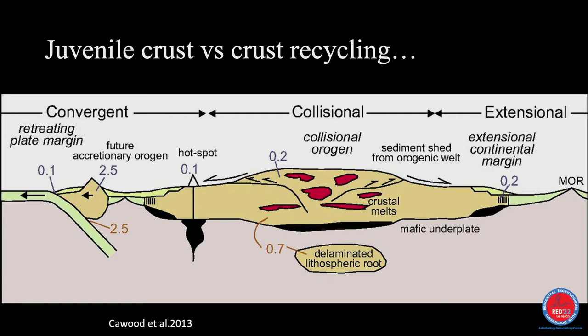But within collisional erosion, we have crust thickening, and we have additional melts within the crust. So also the melts are contributing to the crust formation. But sometimes, if the crust is really thick, we have delamination of the crust. Some parts are going to the mantle, being melted. And within extensional environments, we have mantle melting. The melts are going up, and also they are contributing to the crust formation.